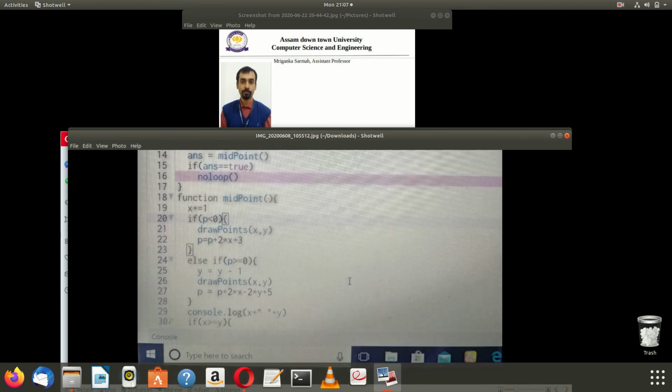Then if it is less than 0, the new value is updated with the formula p plus 2x plus 3. If it is greater than 0, which will eventually happen at some point, then we take y to be decreased by 1, else there is no change and y remains the same.